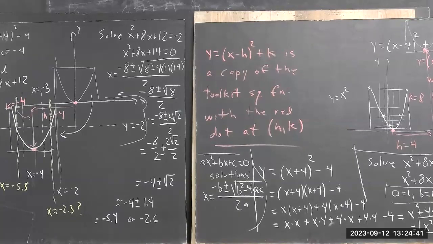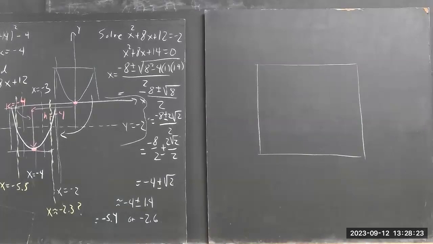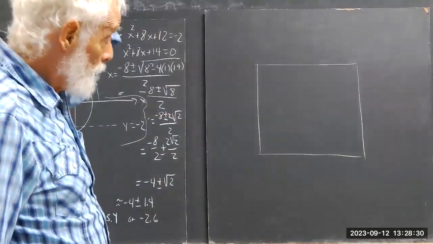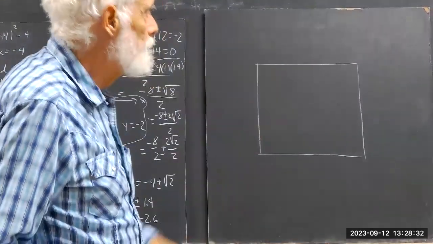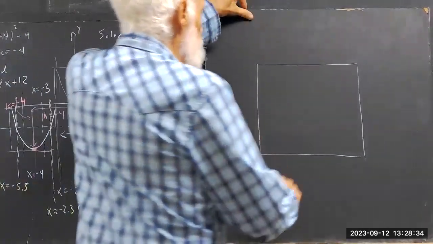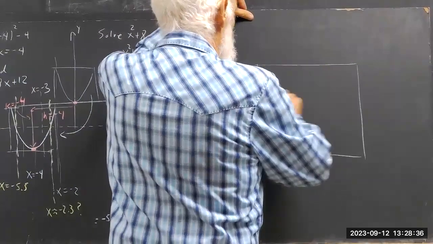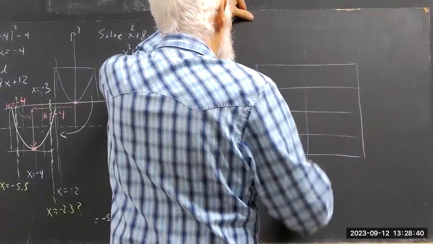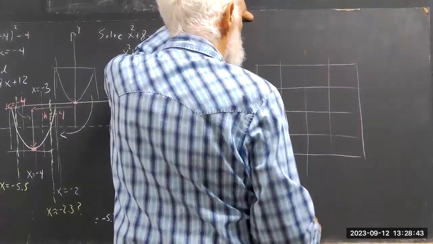We should be in pretty good shape to answer questions like this. I've got a square here, and I'm going to divide that up into 16 squares.